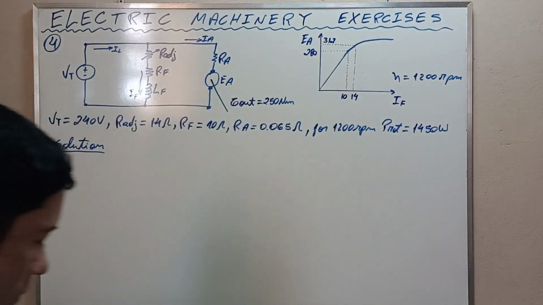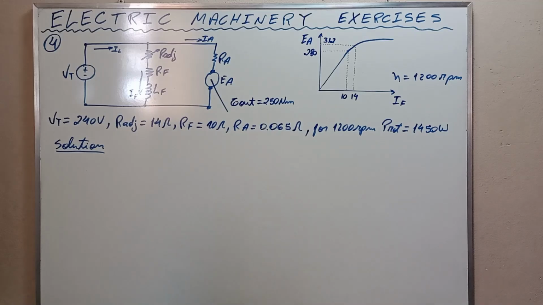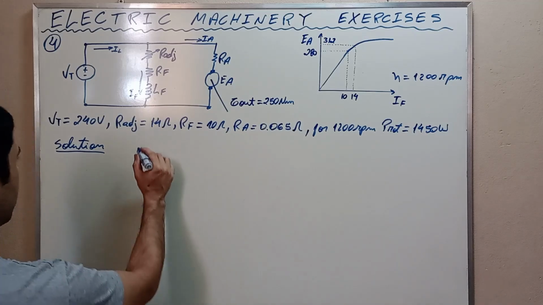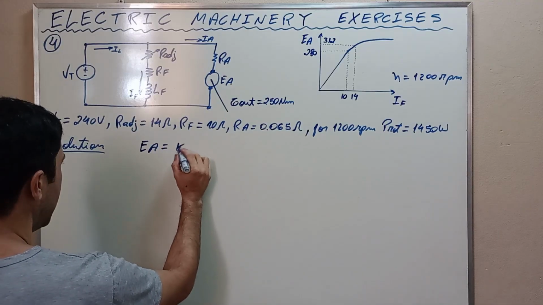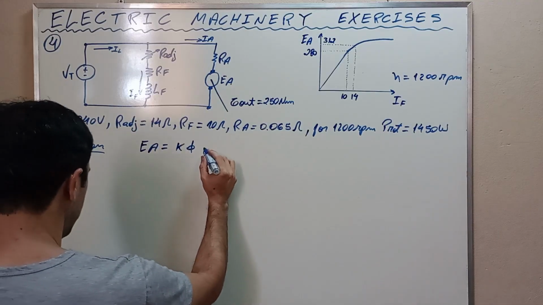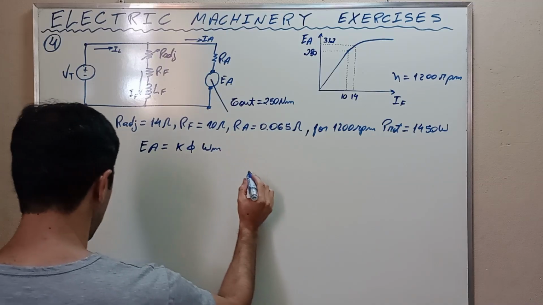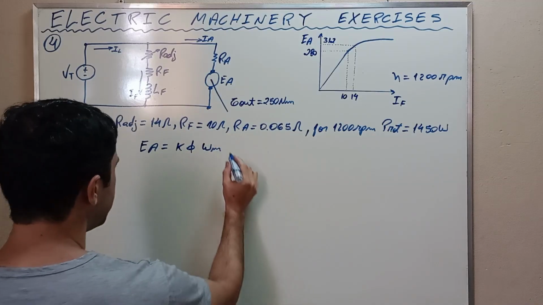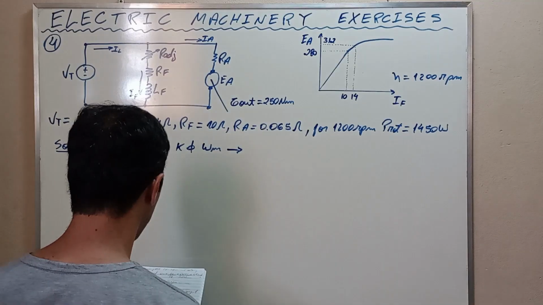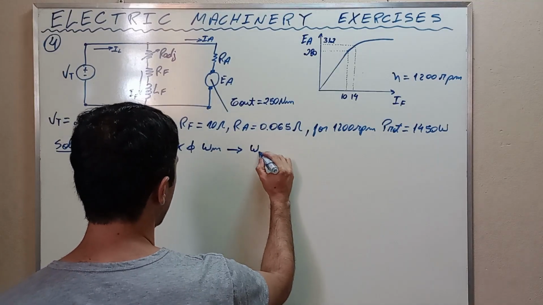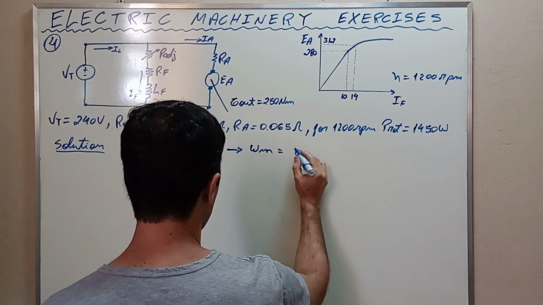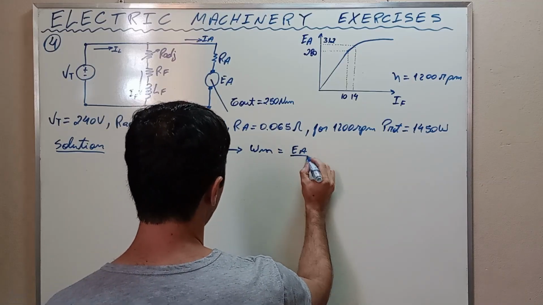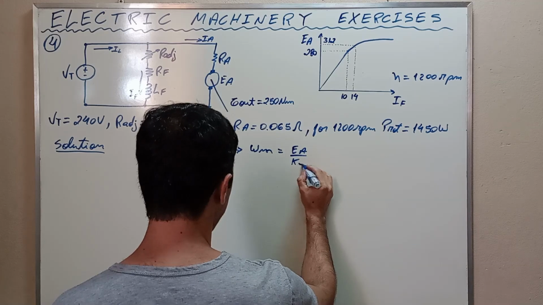Okay, now using that EA is equal to K times phi times Wm, and solving for the speed, we find that Wm is equal to EA over K phi.